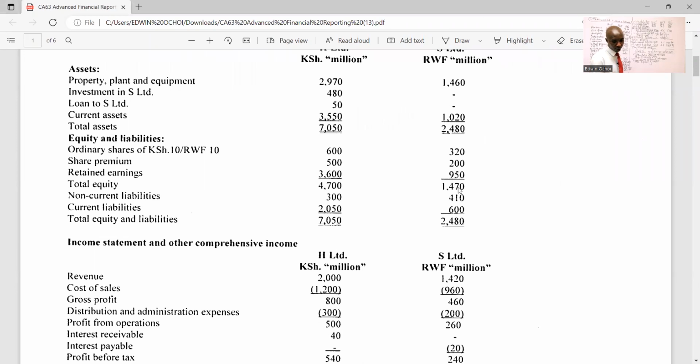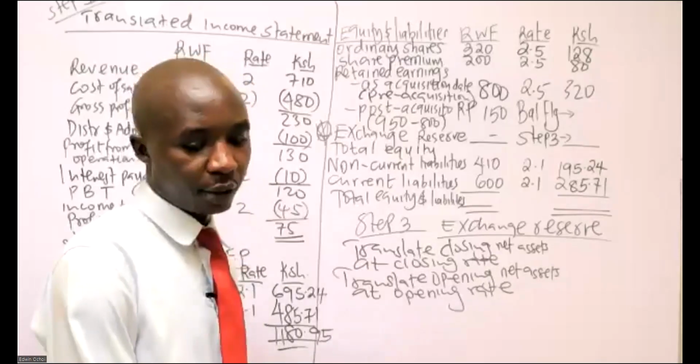So we have 1470. So these are the net assets. So you translate at the closing rate. So 1470 divided by what?